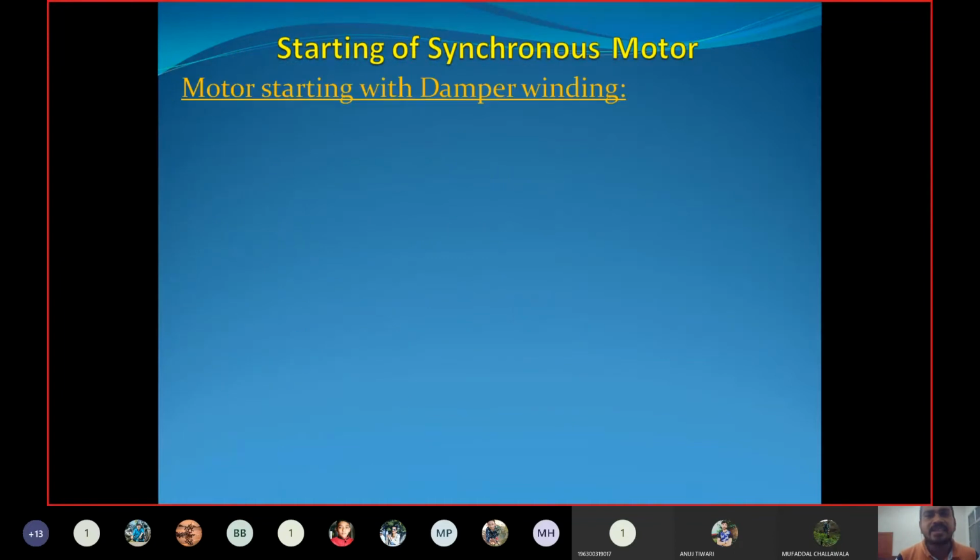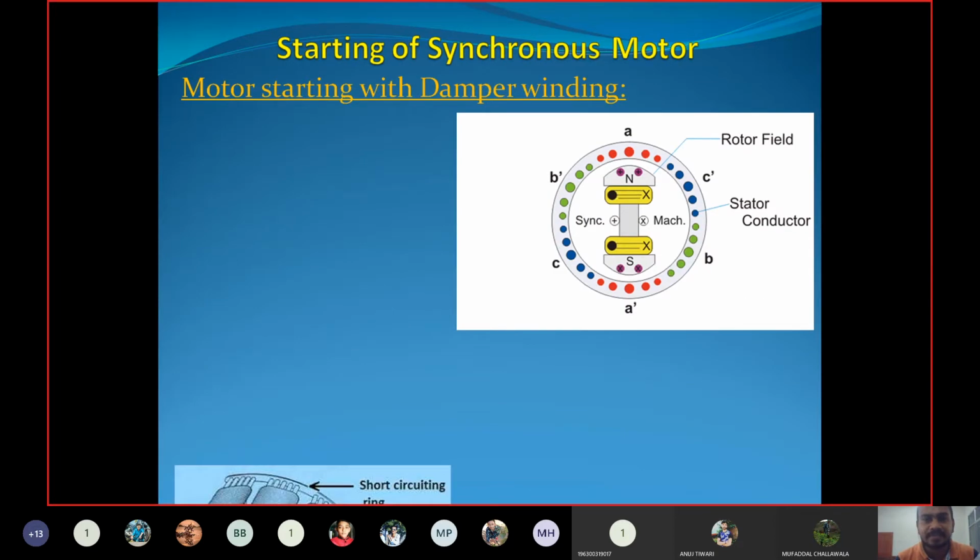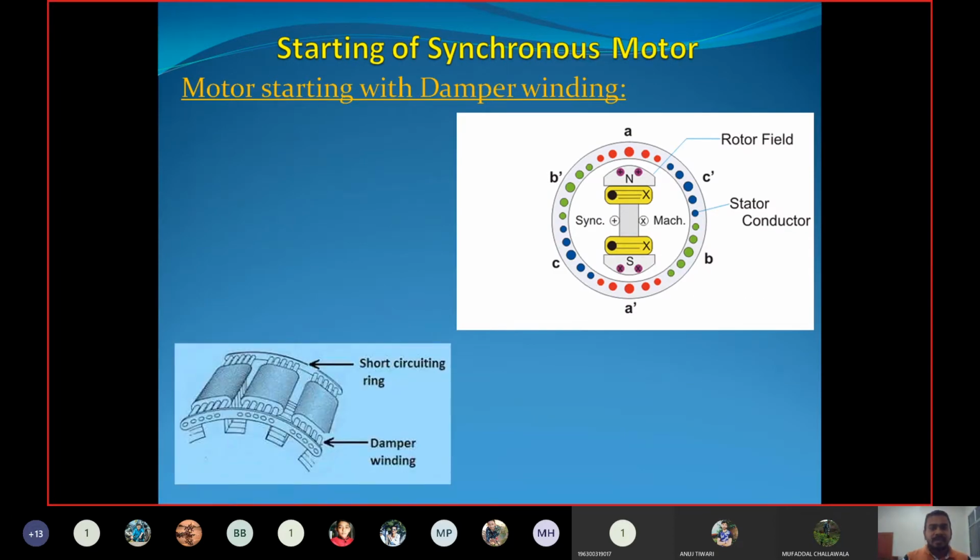Now another method is the starting of synchronous motor using damper winding. Here is the damper winding. This is the magnetic pole shoe, and slots are made in the pole shoe, and copper bars are placed in the pole shoe.